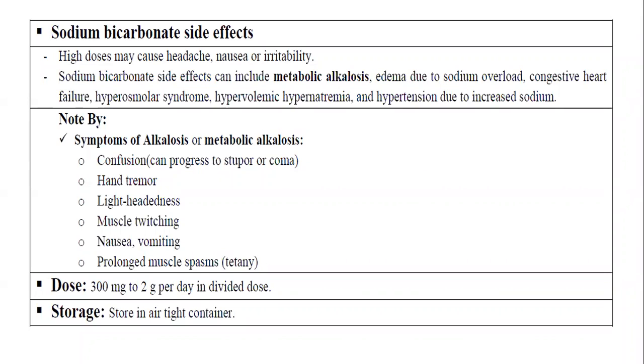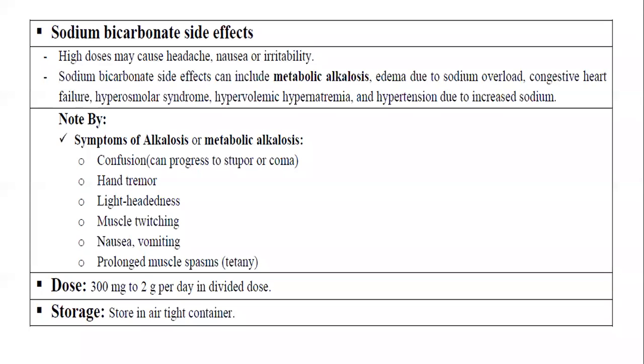And one more is that high doses may cause headache, nausea, or irritability. So apart from metabolic alkalosis, there are a few more side effects. That is edema due to sodium overload. Edema means swelling. Then congestive heart failure. Then hyperosmolar syndrome. Hypervolemic hypernatremia. Hypernatremia means there is an increase in your sodium ions. And hypertension due to increased sodium.